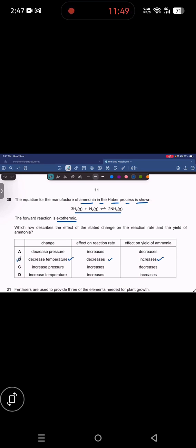Very good. Decreasing the temperature favors the forward reaction, which is an exothermic reaction, which will increase the amount of ammonia, and the effect on the reaction rate will be a decrease. Why does the reaction rate decrease?